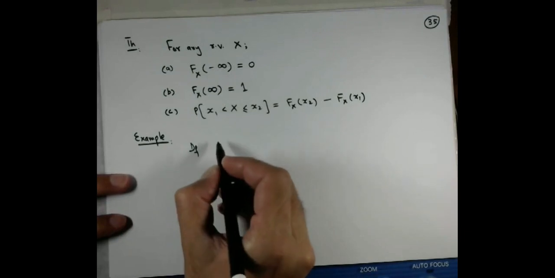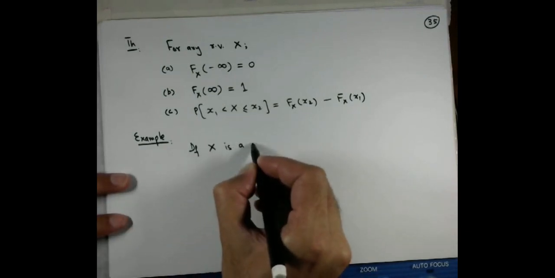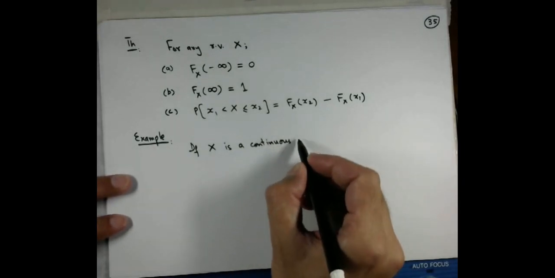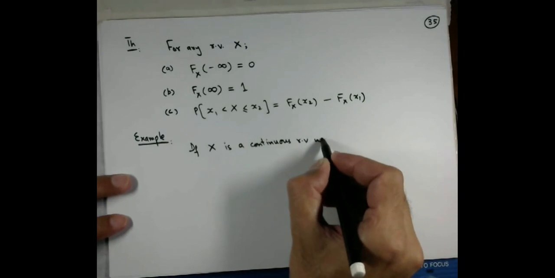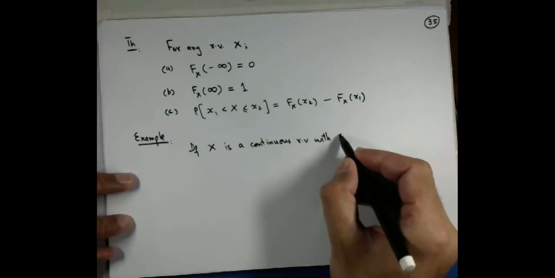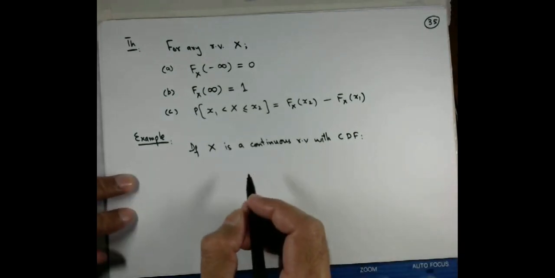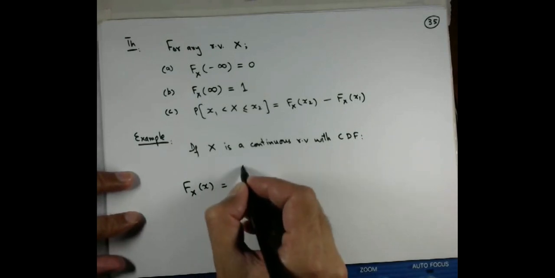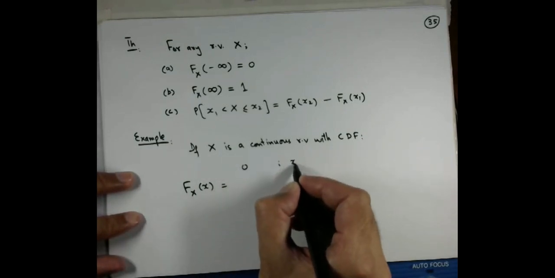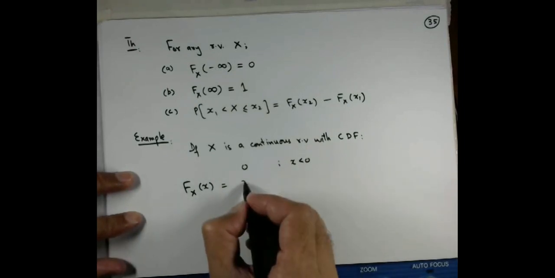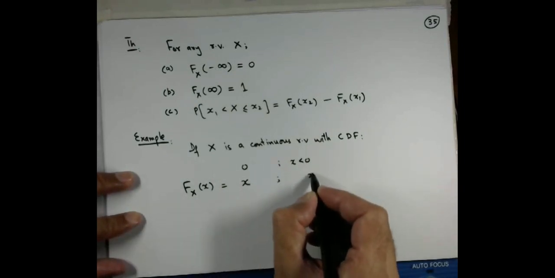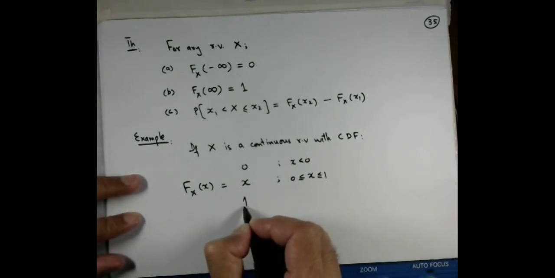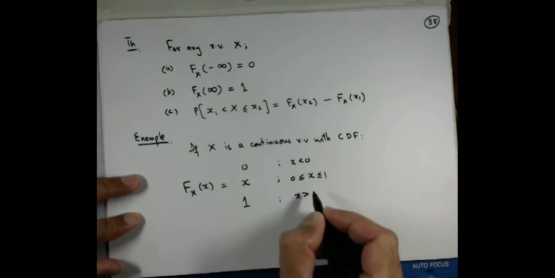If x is a continuous random variable with CDF F sub x of x equal to 0 for x less than 0, equal to x for x greater than or equal to 0 and less than or equal to 1, and equal to 1 for x greater than 1.